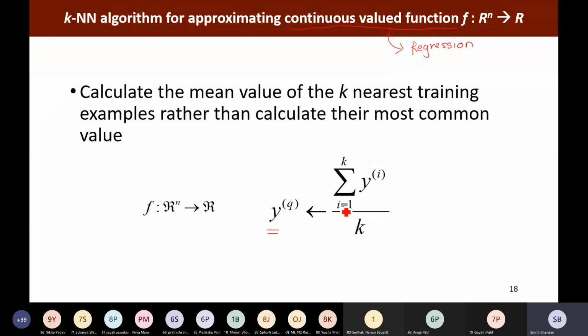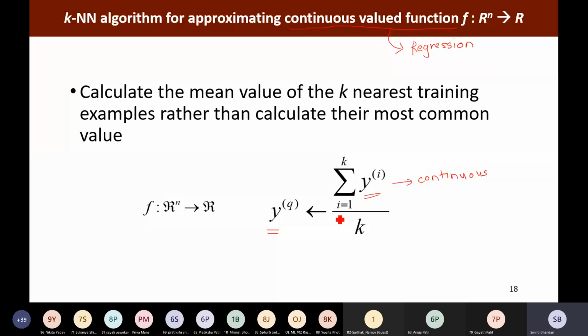See here what we have done: summation over i equal to 1 to k of yi divided by k. So we have k samples that are closest. Whatever the yi values are, we sum up those yi values, because yi here is a continuous value and not a discrete one, since it is a regression problem.